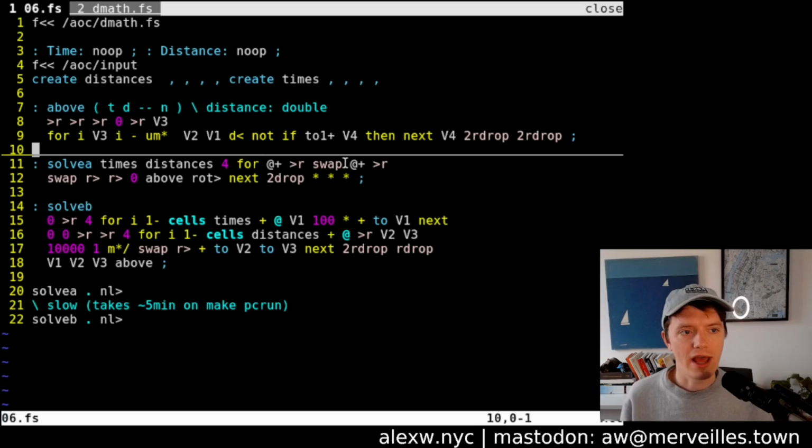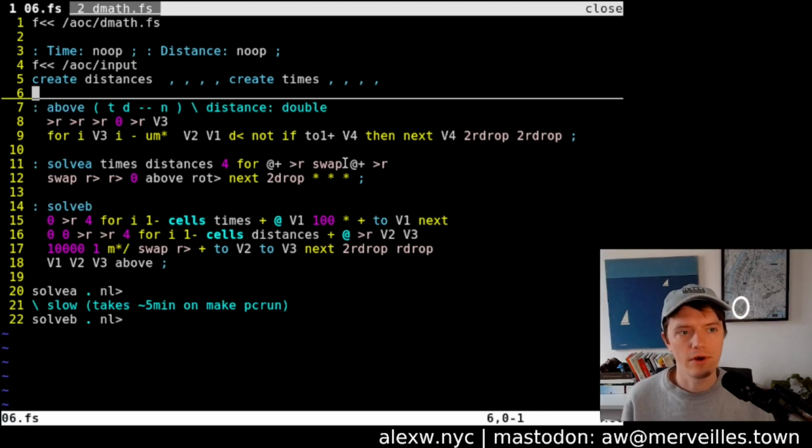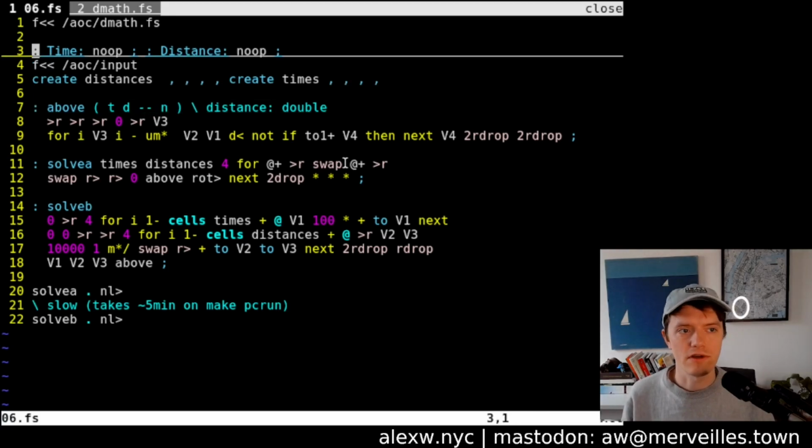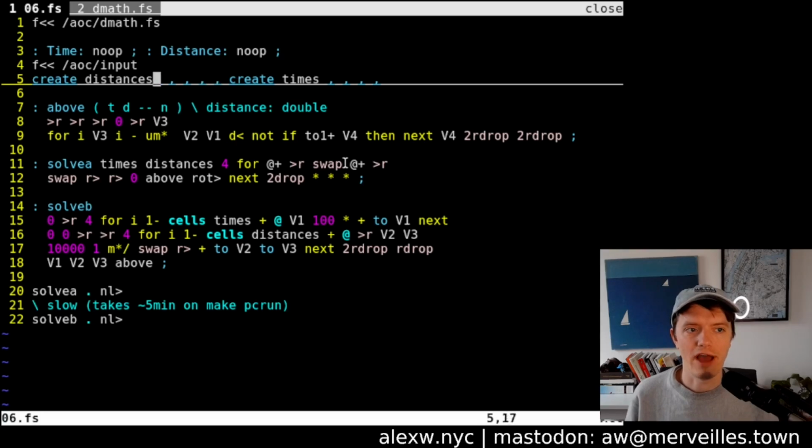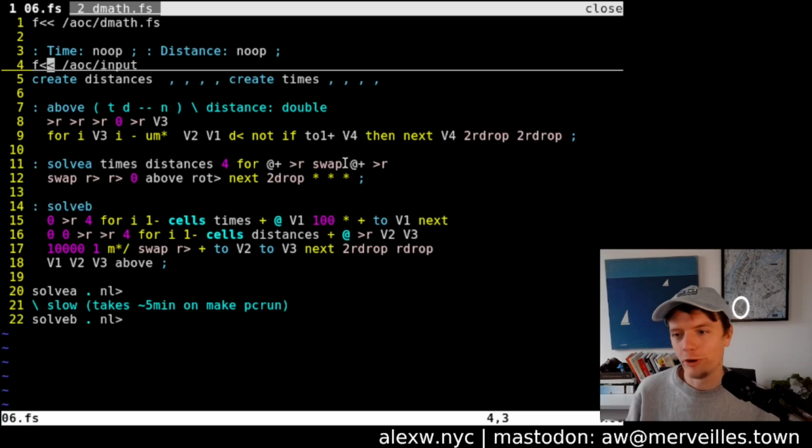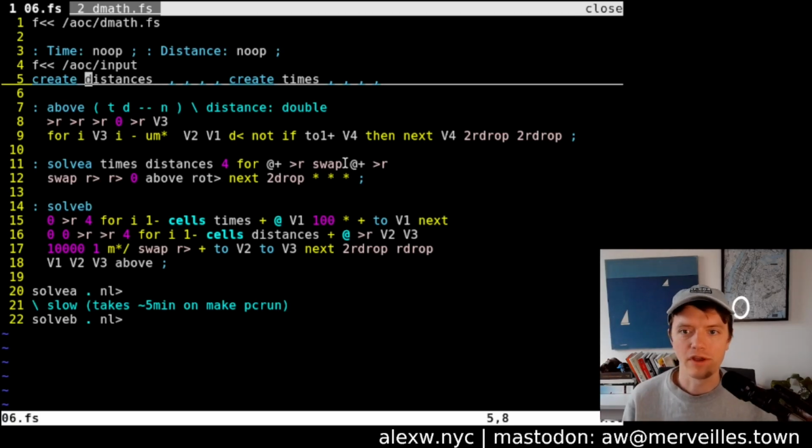So for part A, this is how we do the input. It's relatively straightforward. We define time and distance to do nothing, and then we allocate distances. Then we read the input through the Forth interpreter, and that puts all the numbers on the stack. We consume the distances and the times off of the stack, and because it's just four values, I just do four bytes.